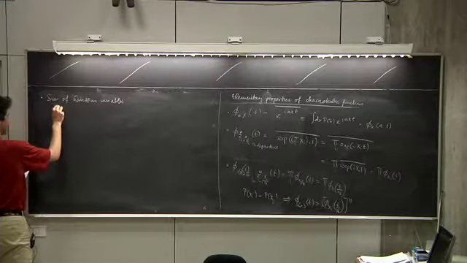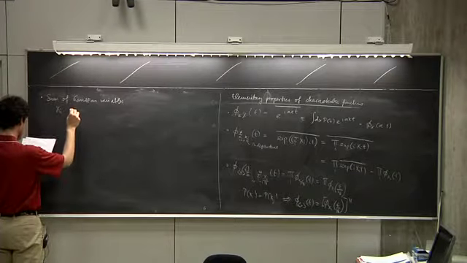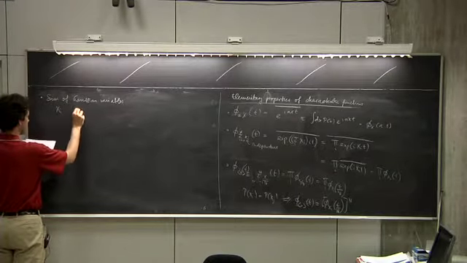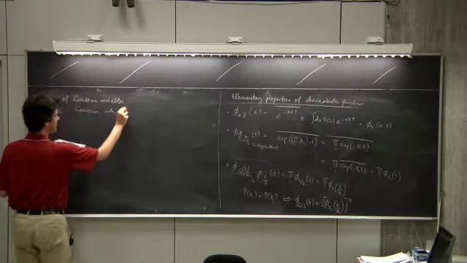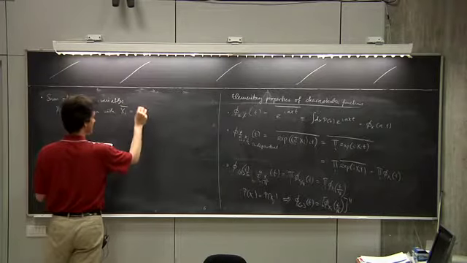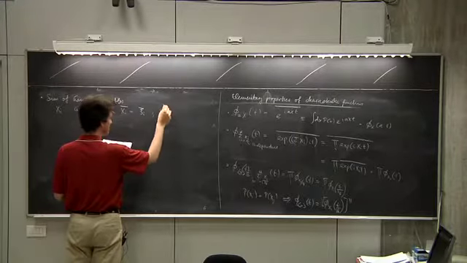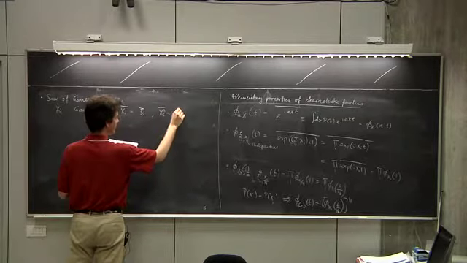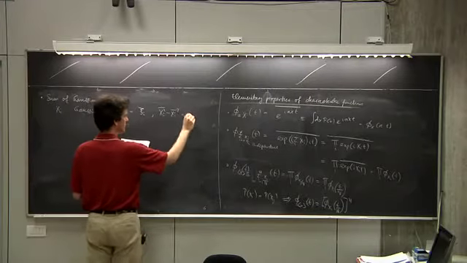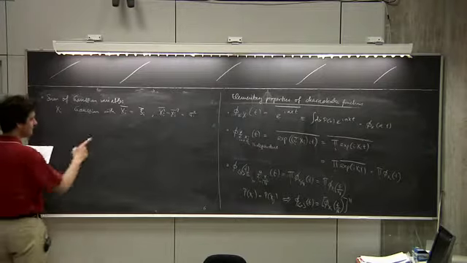So I take x_i to be a Gaussian with mean ξ_i, that's the average, and variance equal to sigma_i squared.